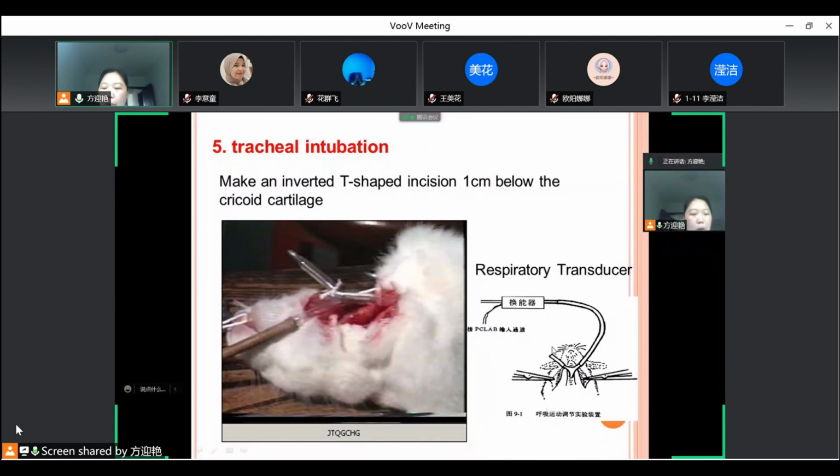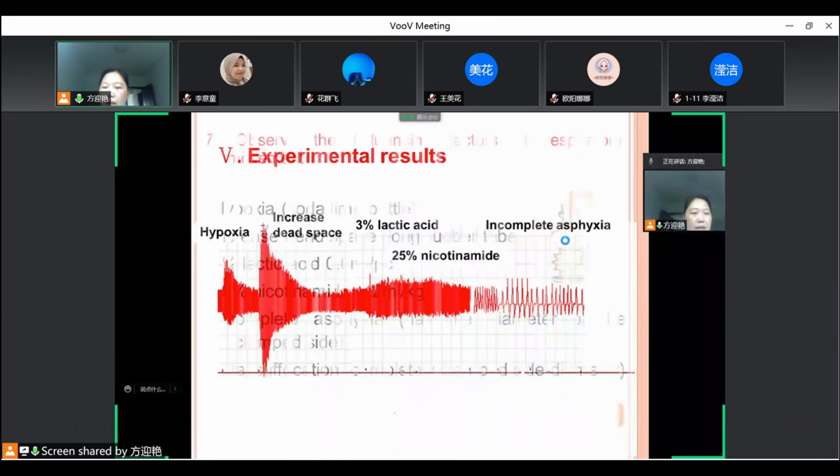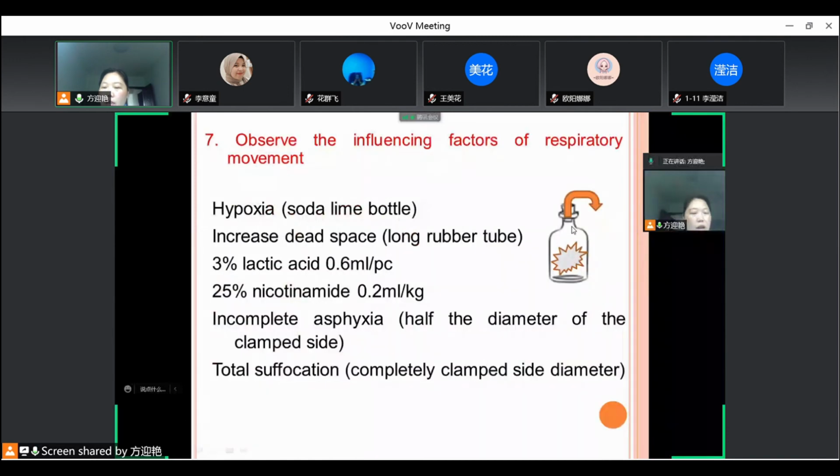We take the bottle here, and the rabbit can only inhale the air in the bottle, which leads to oxygen decrease, but the carbon dioxide doesn't increase.